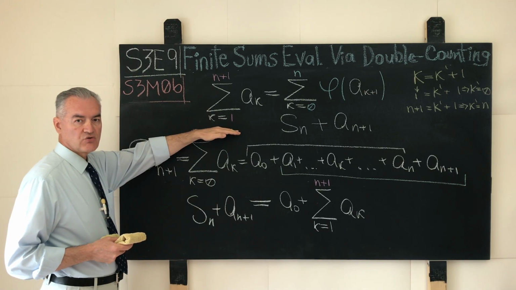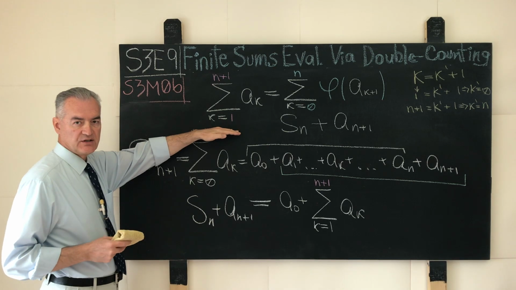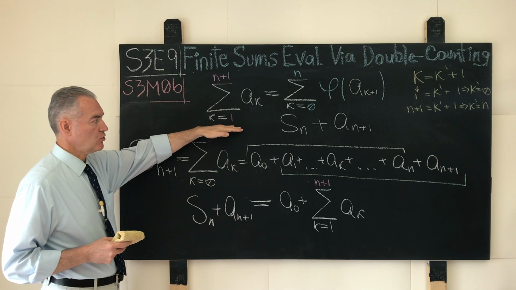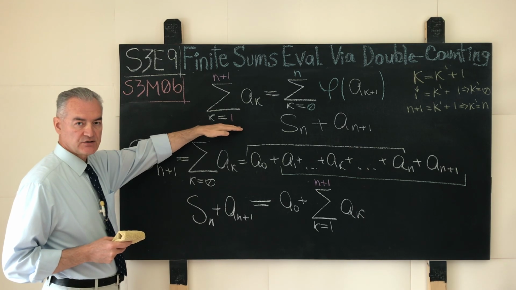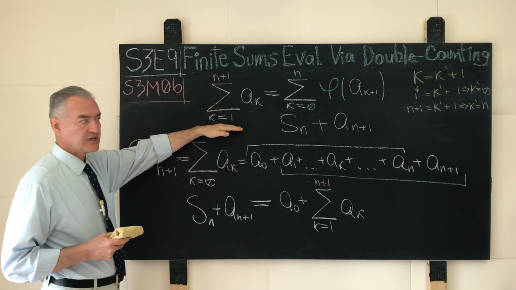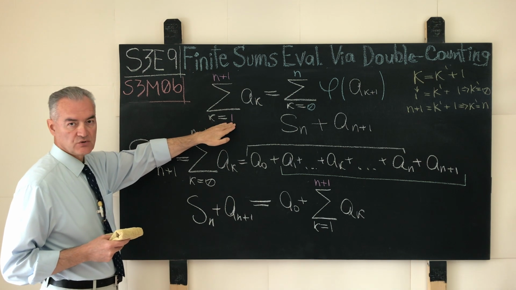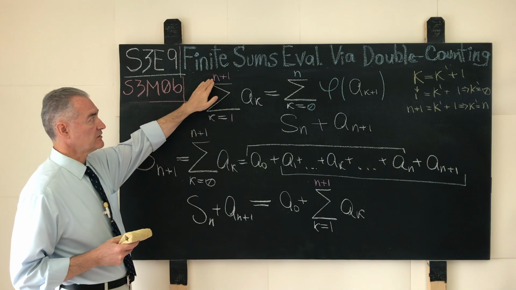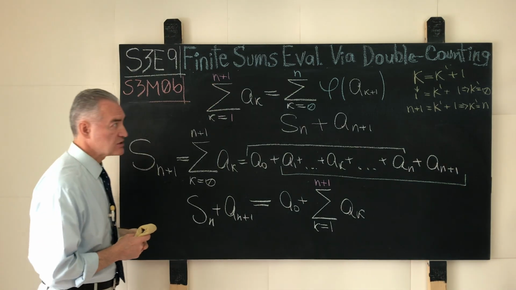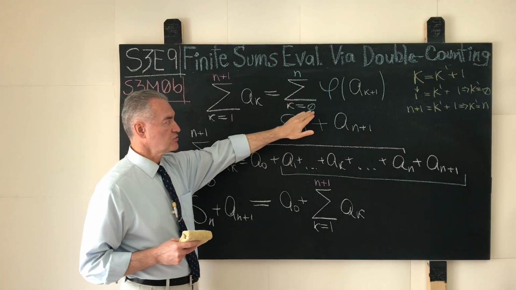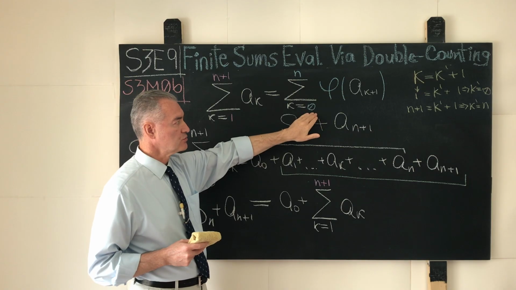Reindex the right-hand sum that was obtained in the previous step, shown over here, in such a way that the summation index of the new reindexed sum varies not between 1, shown in red over here, and n plus 1, shown in red, but the summation index in that reindexed sum should vary from 0 to n, shown in blue.